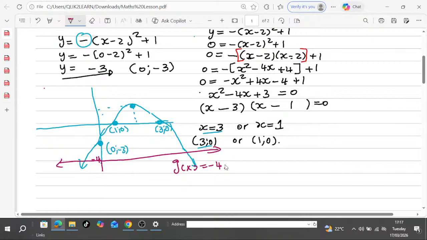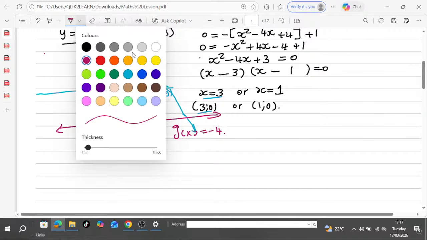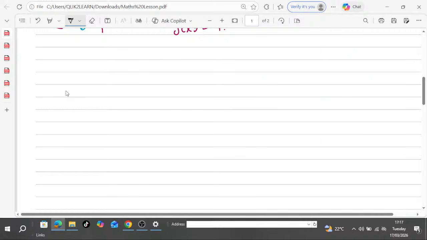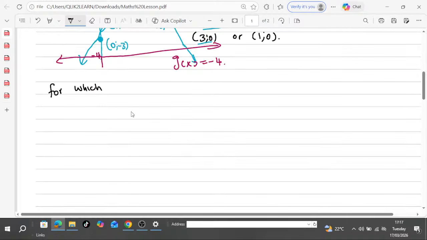So now let's answer the following questions based on what we have, based on these two graphs. The first question says, for which values of x will f at x be equal to g at x.